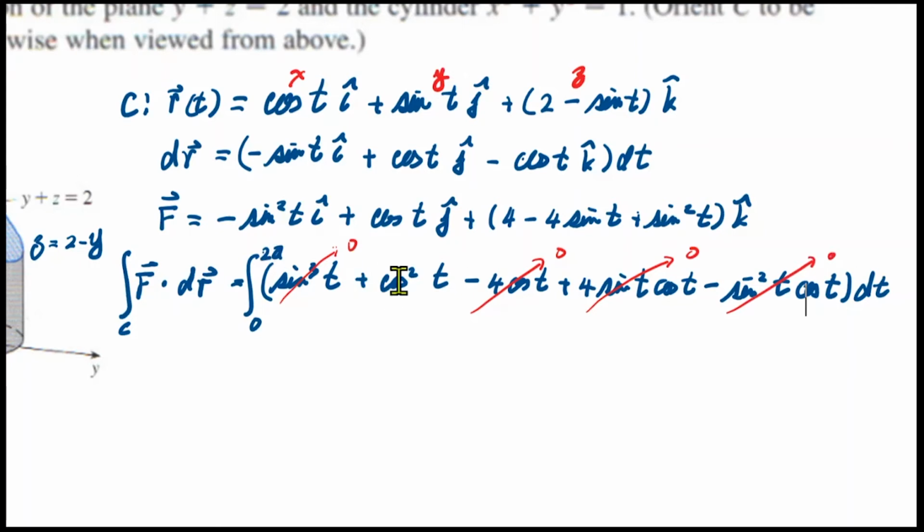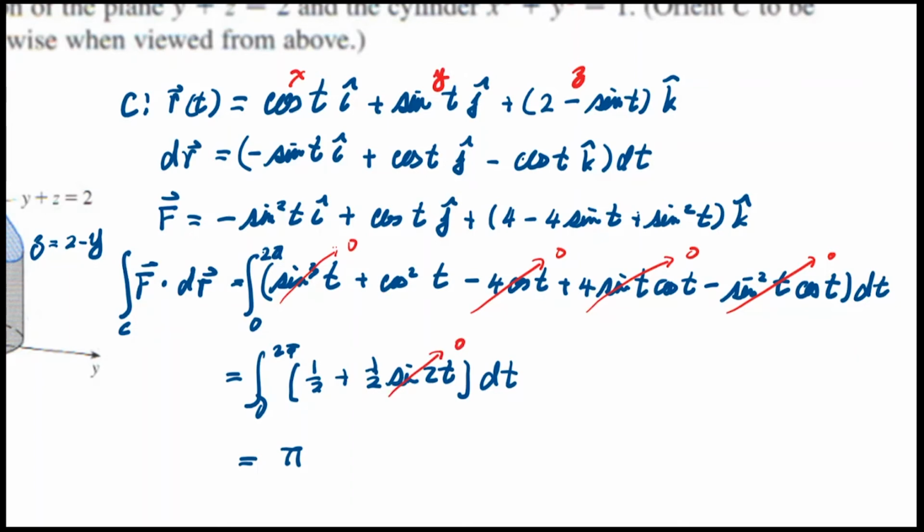So this is the only thing that's going to survive. Okay, I'm going to integrate that one. So what we will have is the integral from 0 to 2 pi of 1/2 plus 1/2 sine 2t dt. And even this thing dies. So all we have is just pi over 2 times this. How about that?